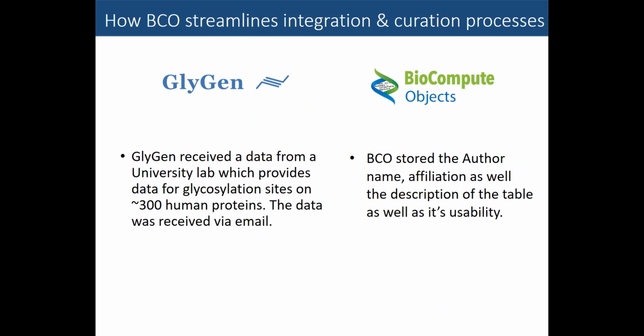They had recently published a paper, and they provided us a data set which documented over 300 human proteins and had identified O-glycosylation sites. We received this data via email. In this particular case, we used BCO to document the author name, the source affiliation, as well as the format and the description of the table and its usability, that is, what this table can provide its users.